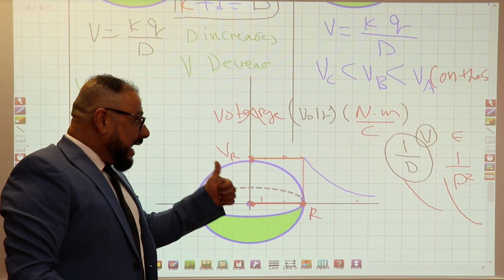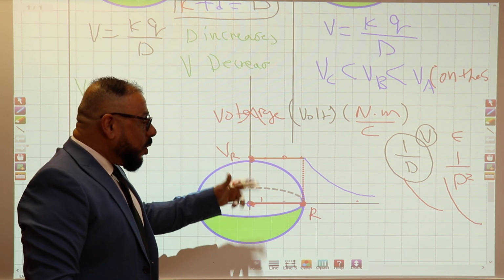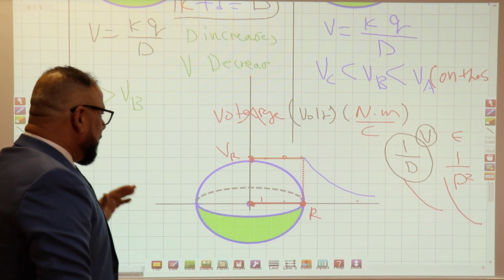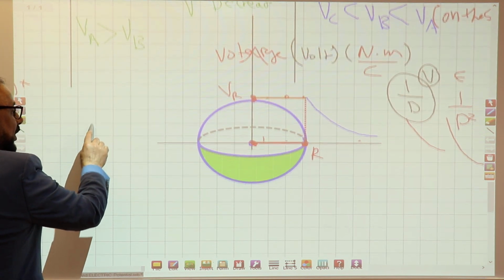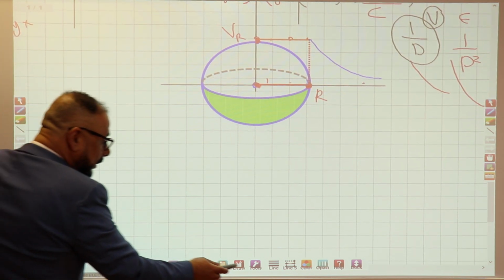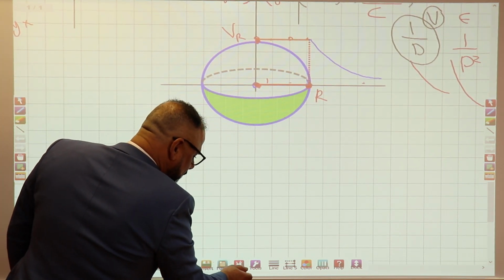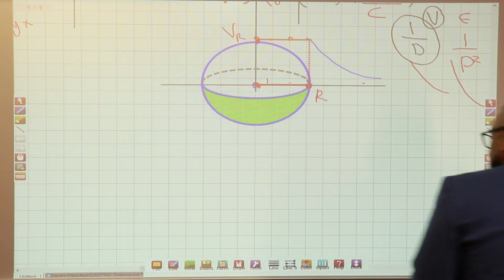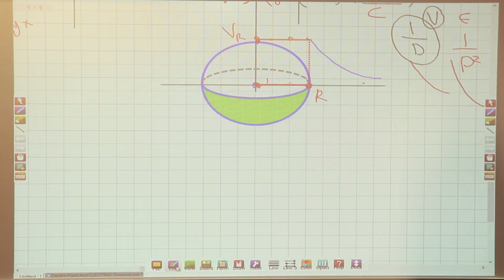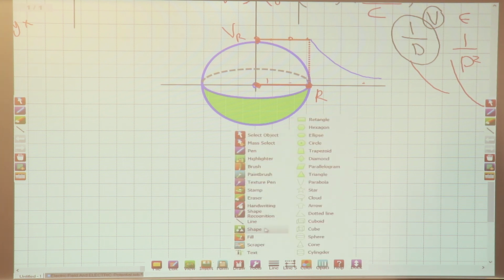Now, that's the last thing I'm going to say. To know why the electric field in the sphere is equal to 0, I'm going to quickly do something for you, the last thing before I leave you alone. Okay, I'm going to draw.